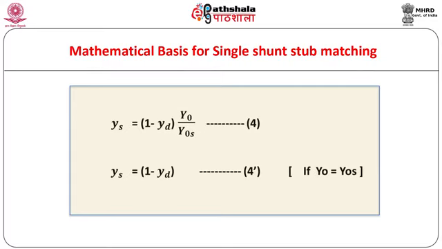If the characteristic impedance of the stub is equal to the characteristic impedance of the line, that is, if Y0 is equal to Y0s, then equation 4 reduces to Ys is equal to 1 minus Yd. I think this much background is sufficient for designing a single stub.